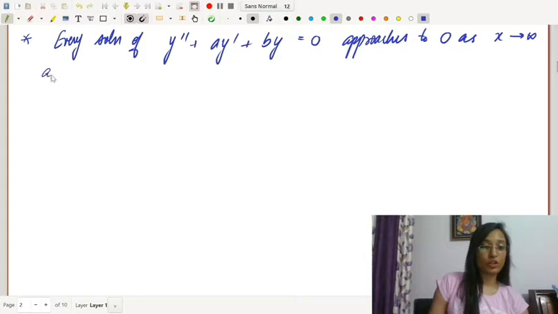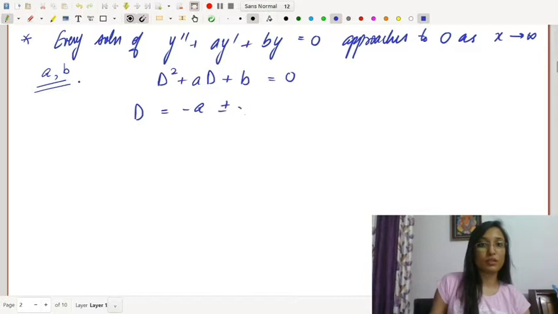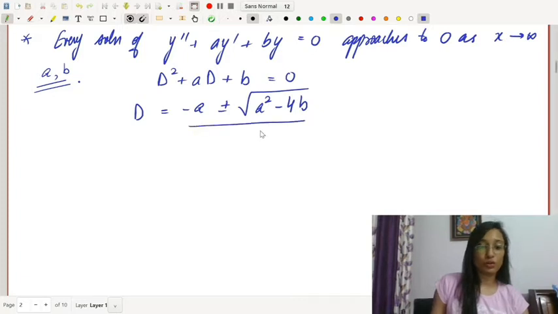Then what would be the condition on a and b? Solve its auxiliary equation, that is D square plus aD plus b is equal to 0, which implies D is equal to minus a plus minus square root of a square minus 4b, over 2.